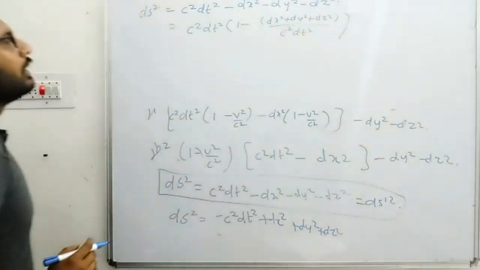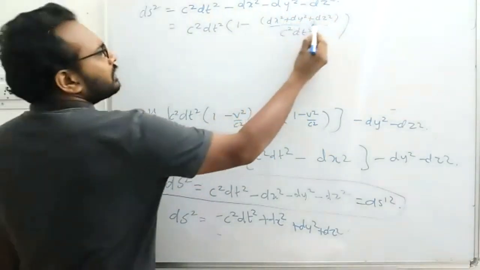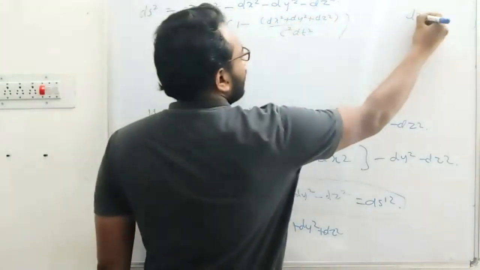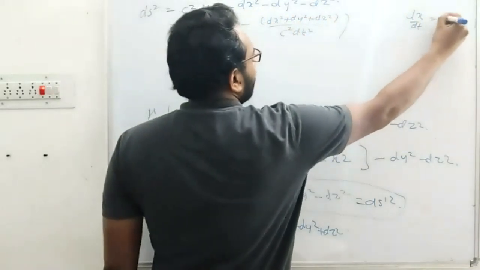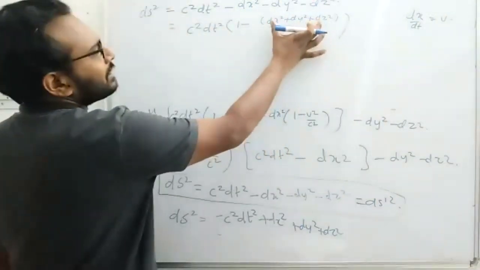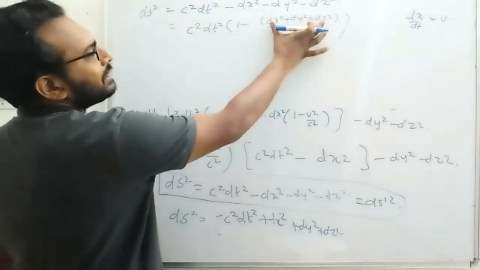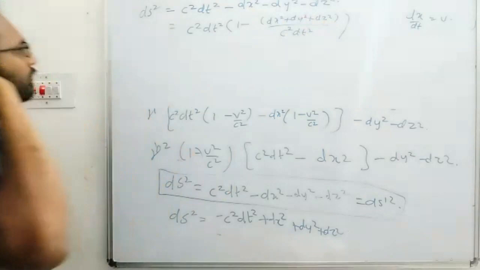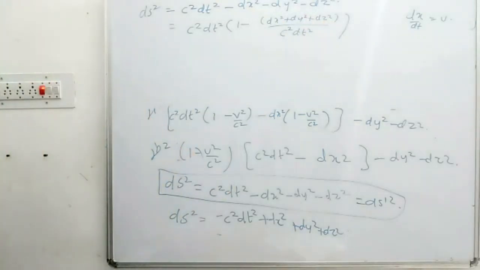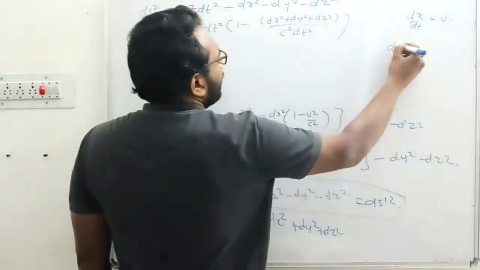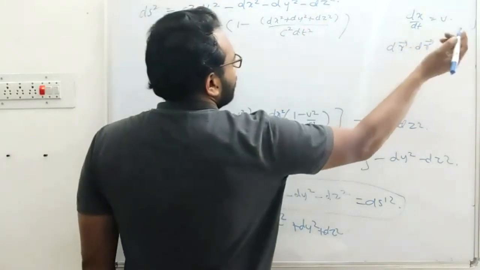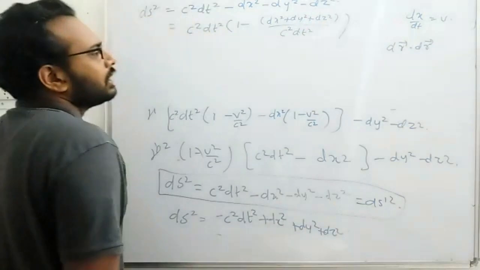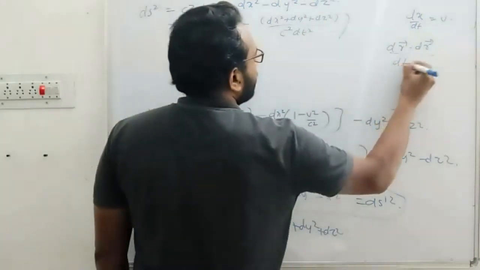Now, what is dx square plus dy square plus dz square by dt square? This is nothing but the velocity. In one dimension, dx by dt is the velocity. This is the spatial distance traveled in a time dt. You can also write it as dr vector dot dr vector, divided by dt square.